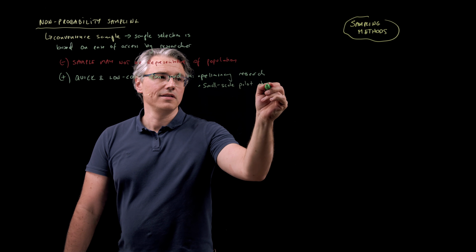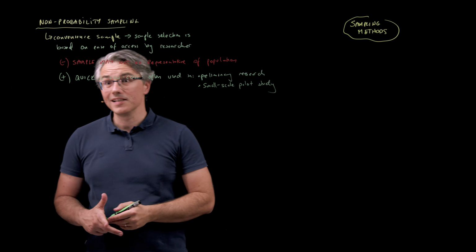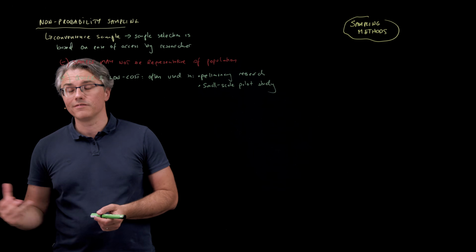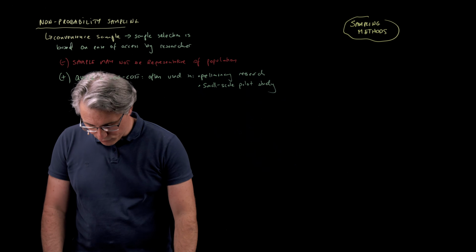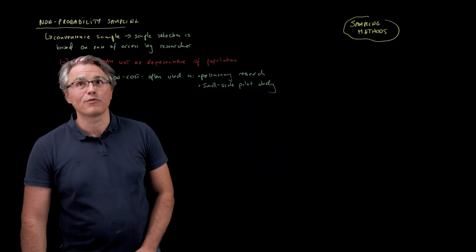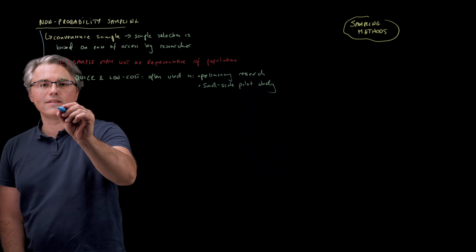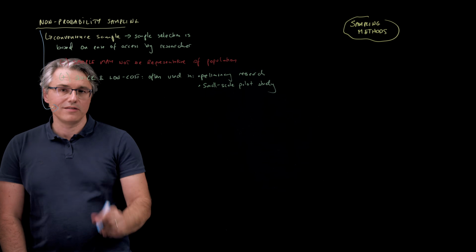And this obviously precedes potentially a larger scale, more representative study based on a proper probability-based sample. Now, the second method is judgmental sampling.